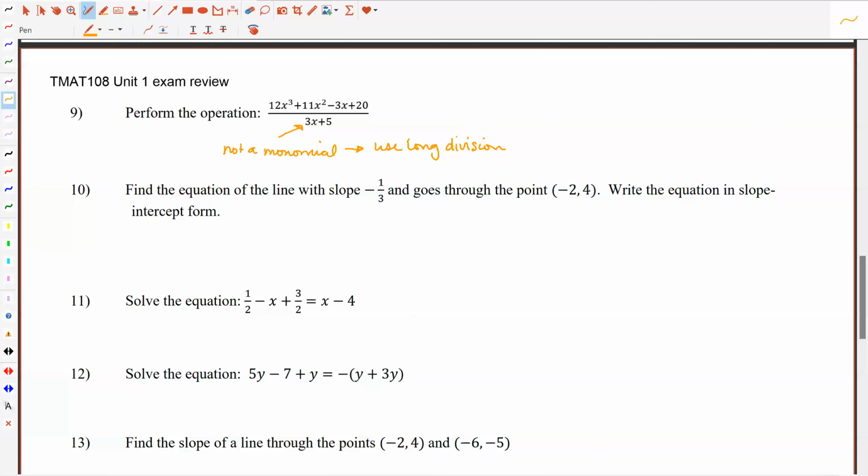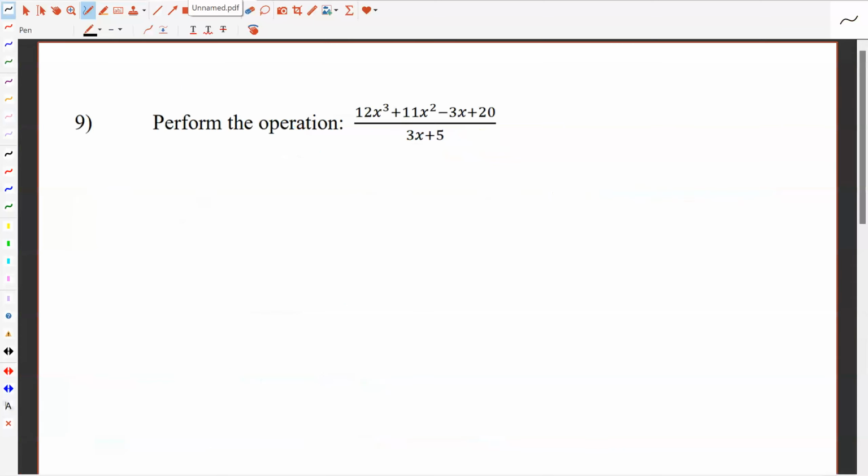So I have this problem repeated over here to give myself a little bit extra room. For the long division, the numerator, which is referred to as the dividend, will go underneath your long division symbol. So I'll have the 12x cubed plus the 11x squared minus 3x plus 20.